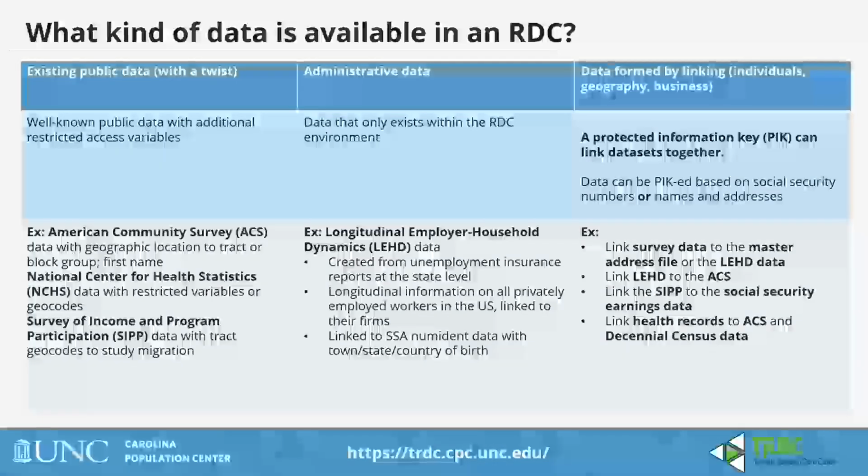Other data sets are ones that you wouldn't possibly even know about because they're administrative data sets or data that's created from administrative data. An example is the Longitudinal Employer-Household Dynamics data set, which is a matched employer-employee data set created from unemployment insurance records at the state level.